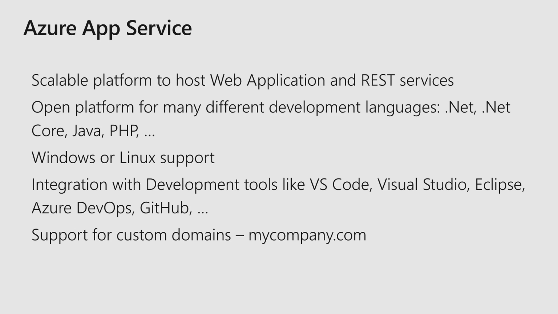It supports multiple languages and platforms like .NET, .NET Core, Java, PHP, Python, you name it. The workers running this can be Windows or Linux. So if I prefer to build something in .NET Core and run that on Linux, I can do it. If I have a Python app that will run better on Linux, you can just do that. That's not a problem.